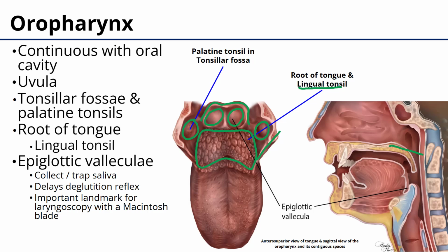These are very good anatomical landmarks for laryngoscopy, in particular when one uses a laryngoscope with a Macintosh blade. That Macintosh blade can rest within that epiglottic vallecula, and the tongue can be drawn anteriorly so that one may visualize the inside of the larynx.